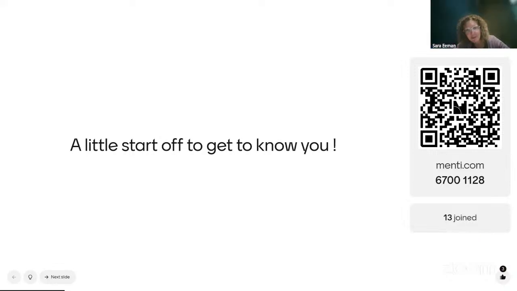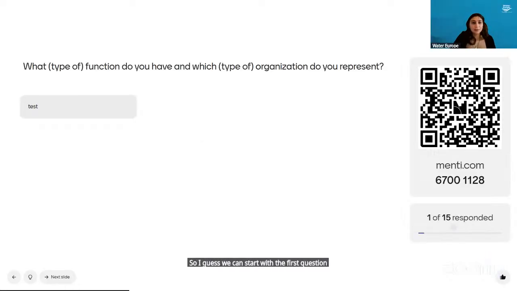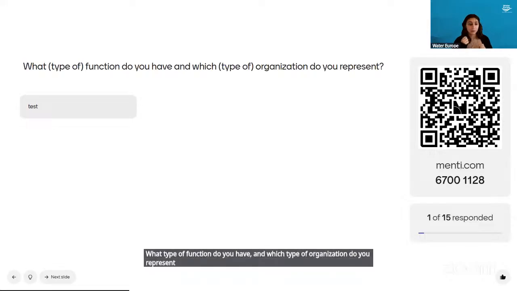People are signing up, so I guess we will get the replies. So I guess we can start with the first question. What type of function do you have and which type of organization do you represent? It's an open question, so we will just see all your responses.